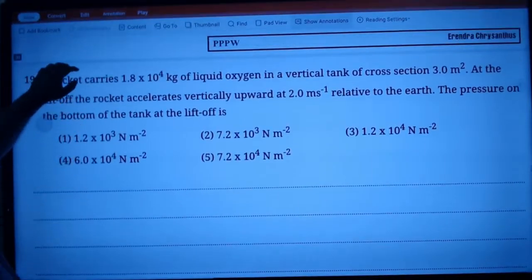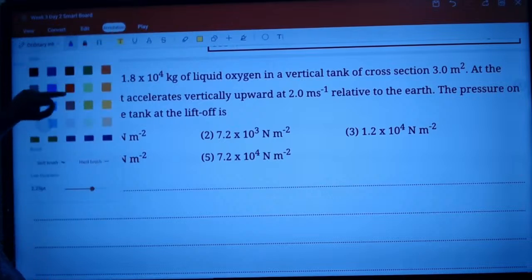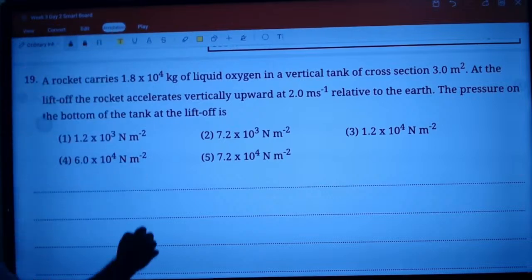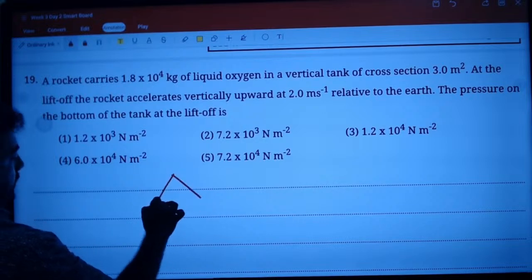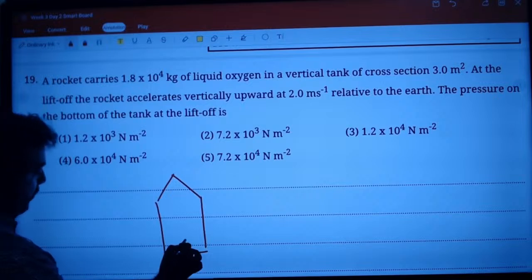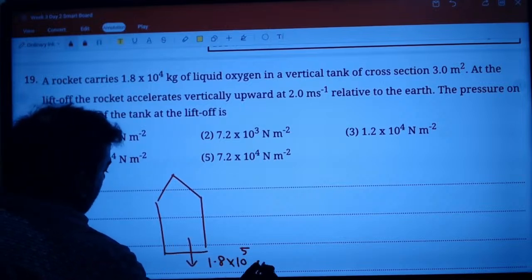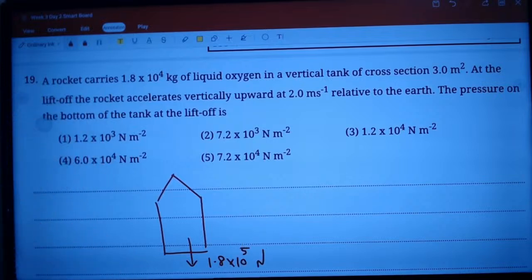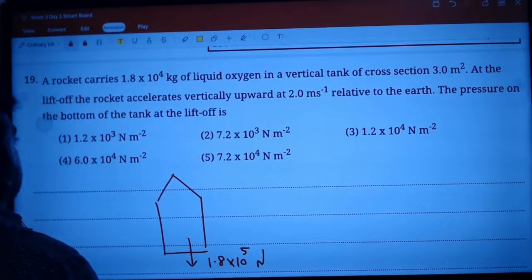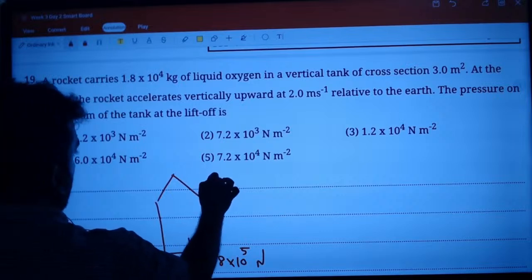MCQ 90. A rocket has liquid hydrogen, 1.8 10 to the power 4, 1.8 10 to the power 5 Newton directly. Vertical tank area is given. At lift, the rocket accelerates vertically with 2 ms minus 2.